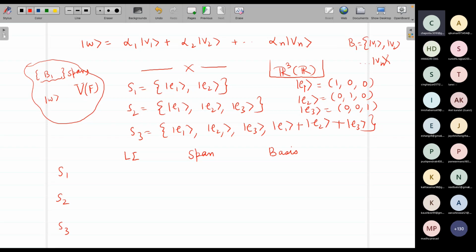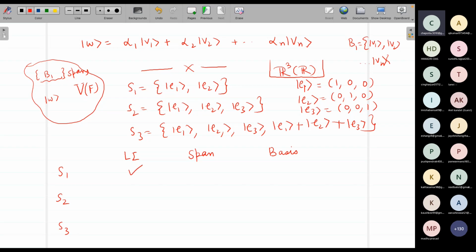The one of the vectors cannot be represented in the form of the other. That is one way, and the simplest way would be, how would you check it? Alpha 1 into S1... Alpha, great. Do not forget that definition. I may keep on asking you that definition. What you said was absolutely right, since I gave another definition for linear dependence, so it makes sense. So this set is a linearly independent set.